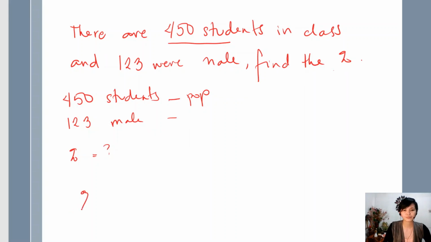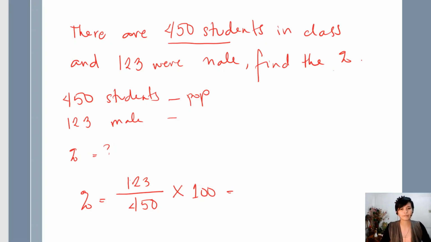In order to solve that one, percentage is equal to 123 for male divided by 450, the total number or the total population, multiplied by 100. Now, what is the answer? So 123 divided by 450 is 0.3 multiplied by 100.